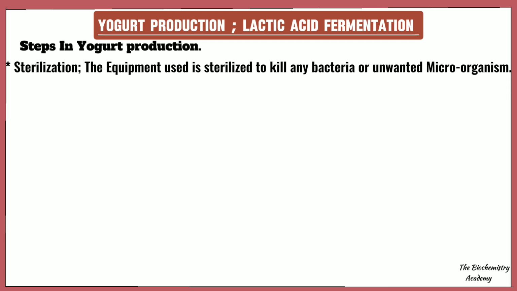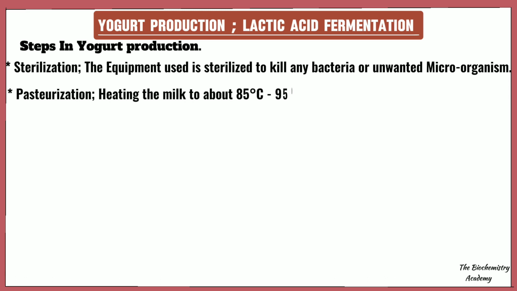Then after sterilization comes pasteurization, the pasteurization of the milk, meaning that the milk is being heated to about 85 degrees Celsius to 95 degrees Celsius for 15 to 30 minutes. And the reason is also to kill any bacteria that is present in the milk.